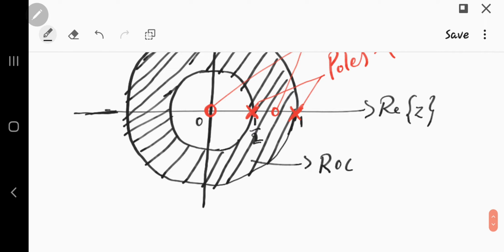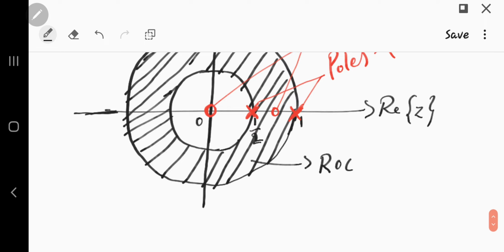Concentric means between two circles. So that is the region where our ROC lies. So we have taken the positive time sequence and the negative time sequence, and then we also considered the condition where we have both.